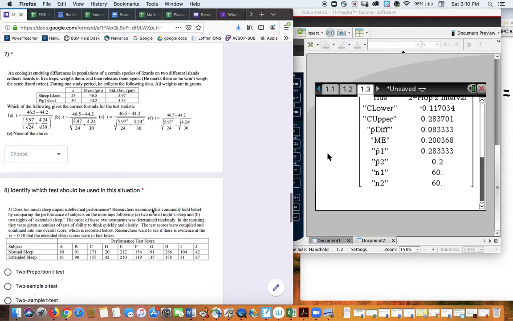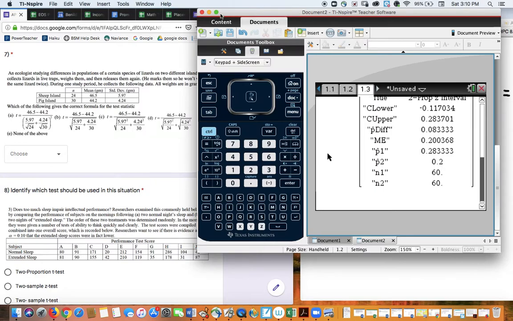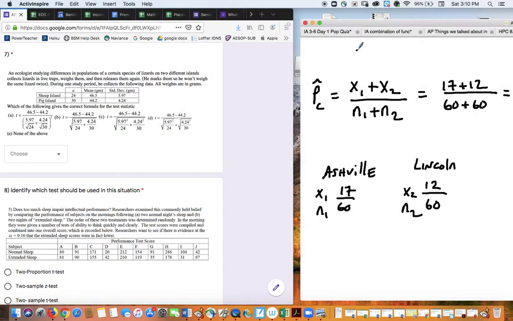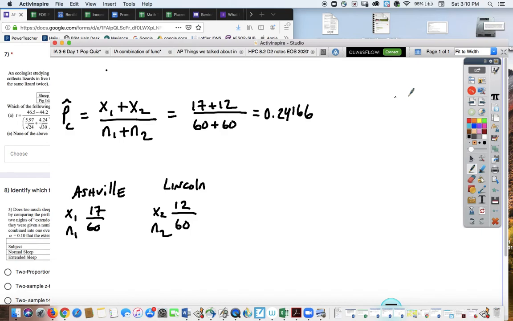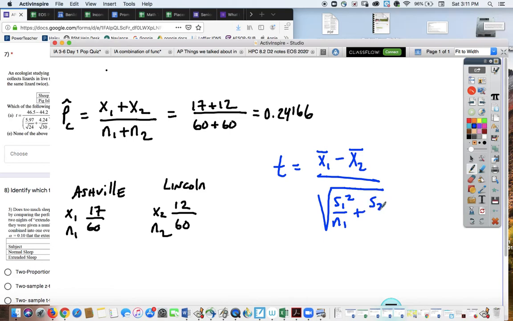Number 7, you had to just identify the correct formula. Let me write it out here. For your T test statistic, the formula looks like this: X bar 1 minus X bar 2 over the square root of S1 squared over N1 plus S2 squared over N2.